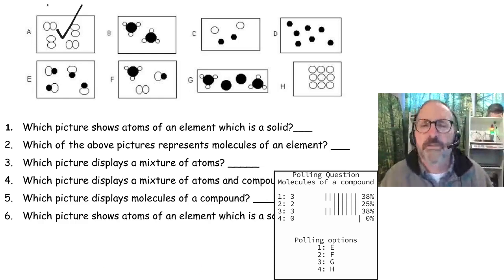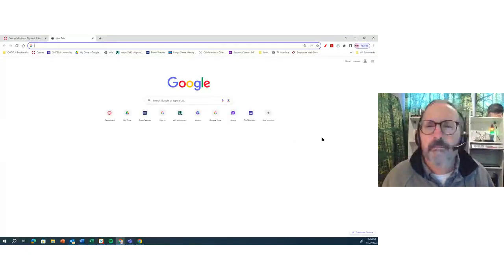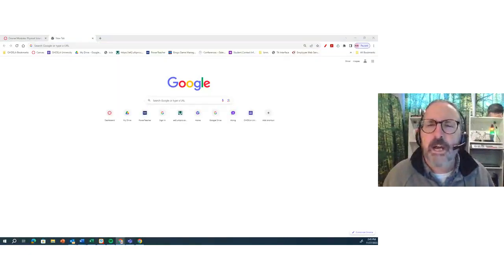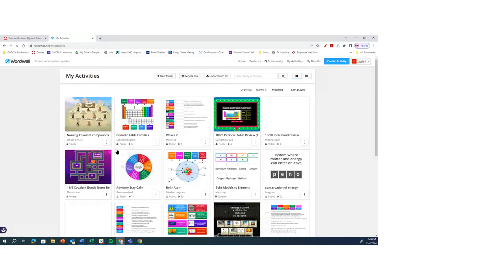Okay. So I want to try this out for you guys. Let me give you a, all right. So we're going to try this word wall. Turn my screen off here. Okay. And word wall, we're going to try this one here.